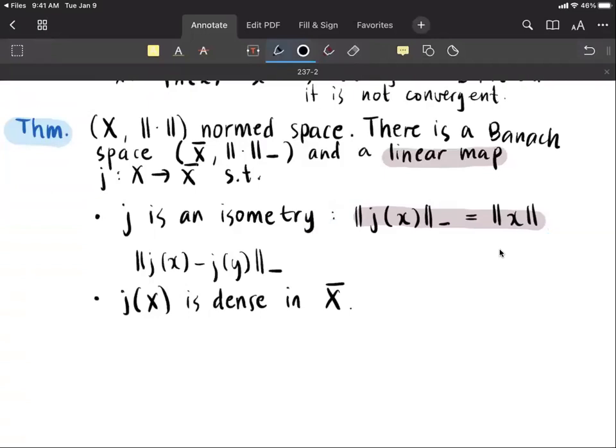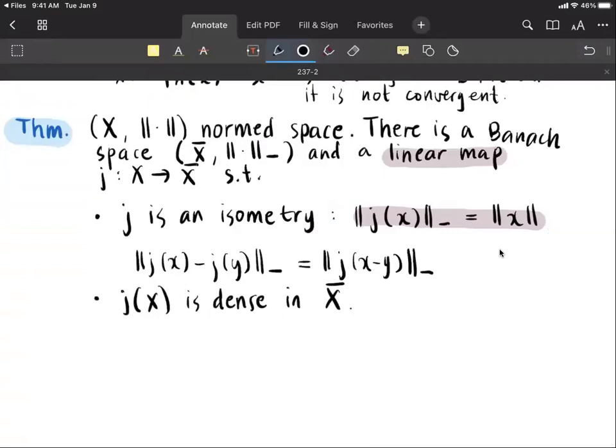So this is the distance between the two images. Now, as I said, J is a linear map, so the one inside the norm should be J of the difference.